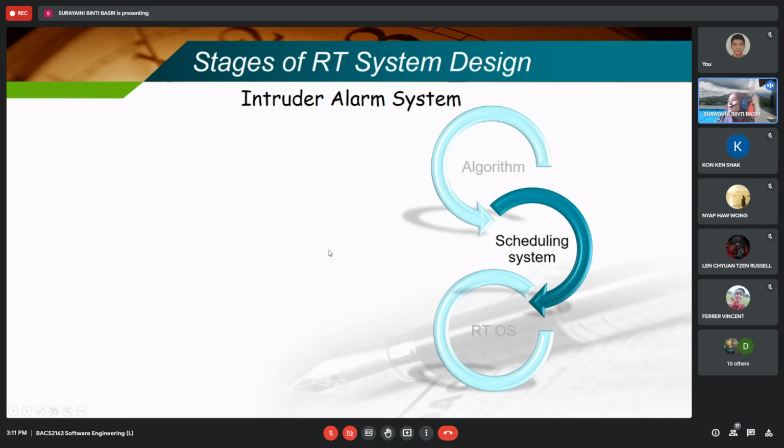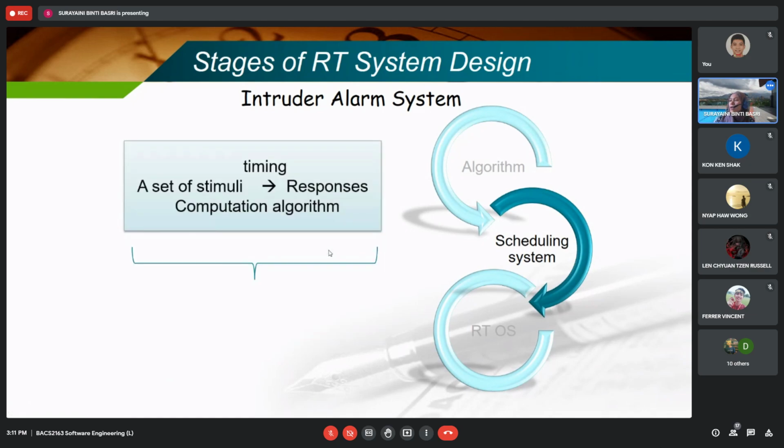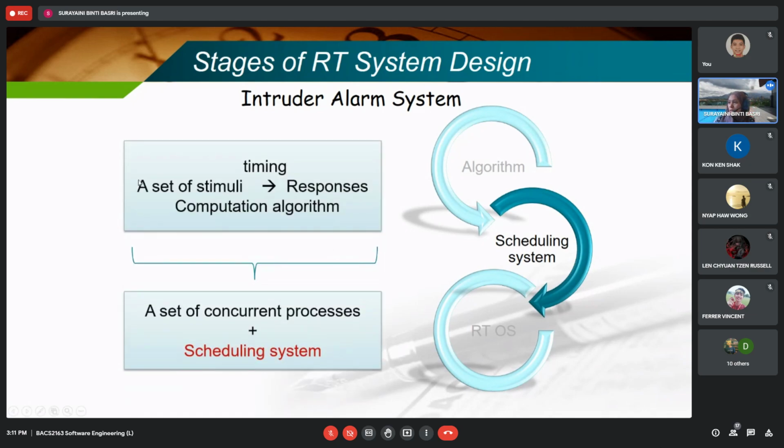After that, the scheduling system. Previously it was the algorithm for each stimulus to respond with a response.